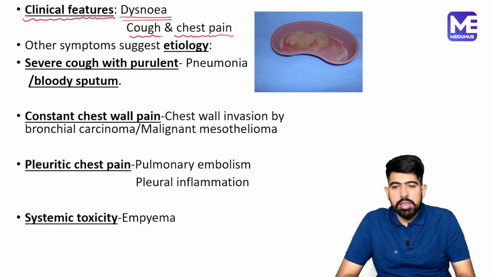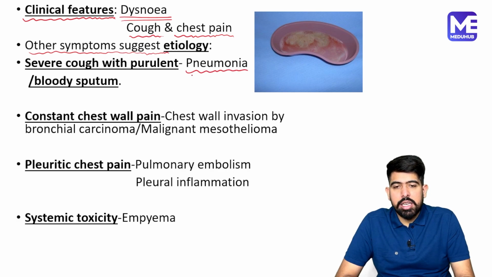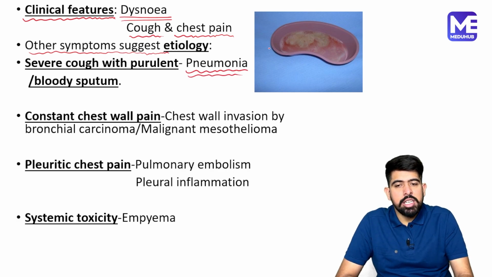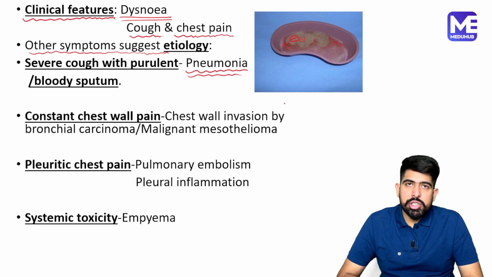If we talk about some other symptoms which can suggest the etiology, severe cough with purulent discharge or bloody sputum can be seen in pneumonia. As you can see in this image, the patient has yellowish purulent discharge, and bloody sputum will be seen in the pneumonic patient.